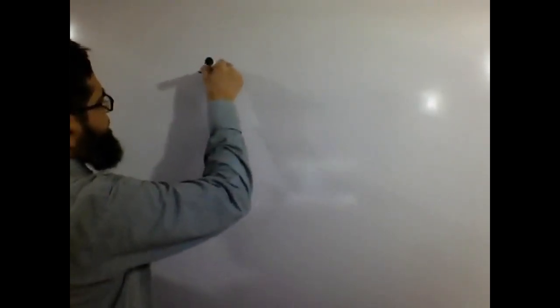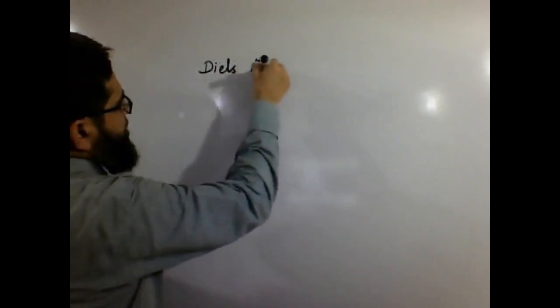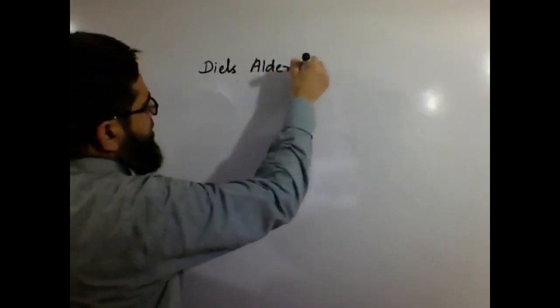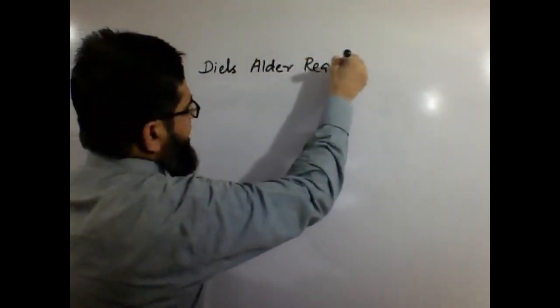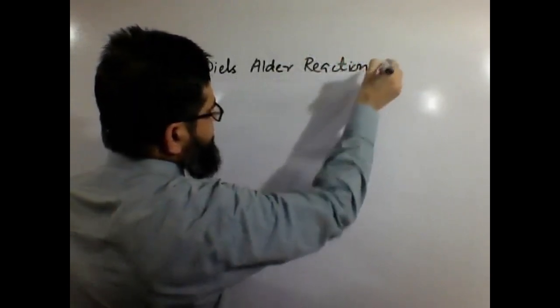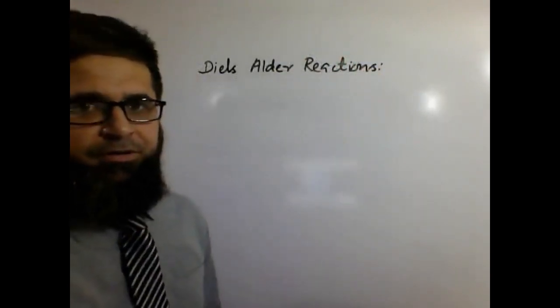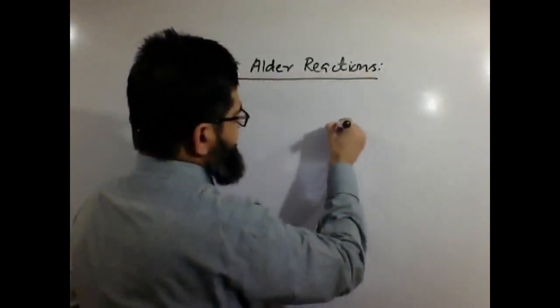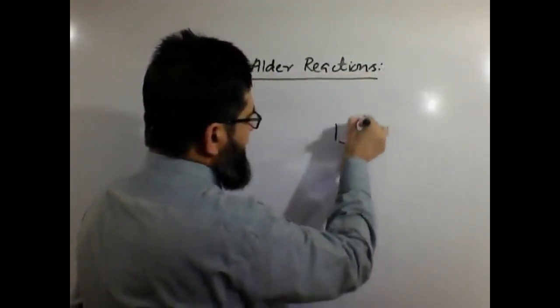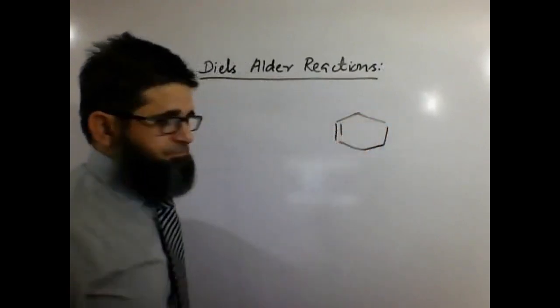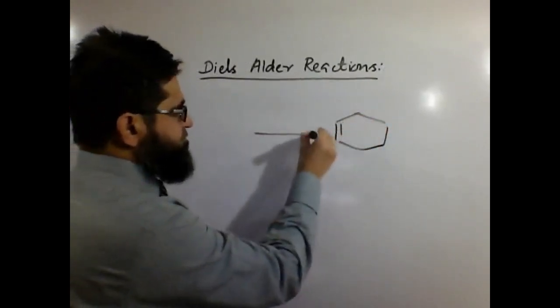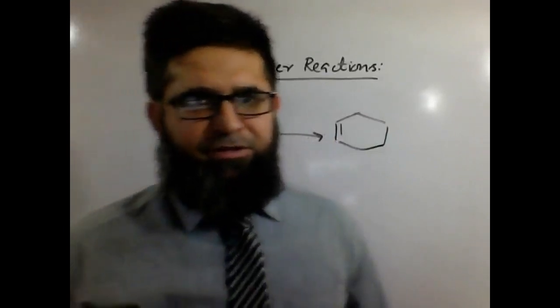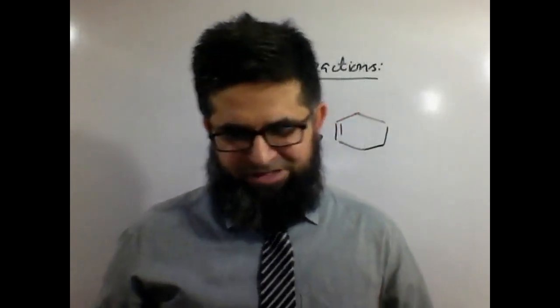In that very aspect, I've told you that the Diels-Alder reactions are important because they produce a cyclic product. The product in such a reaction is supposed to be cyclic.